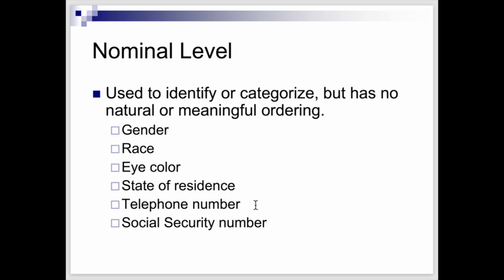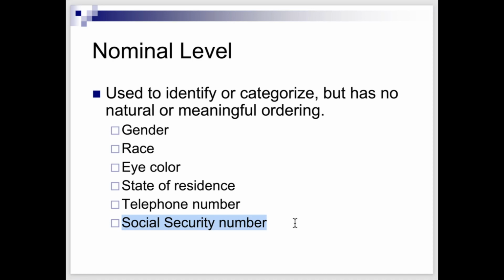So perhaps a better way to describe this would be a telephone ID, because what it does is identify that device that you carry with you in your pocket or in your purse. But we often call it a telephone number, all right? But it is nominal level data. And then as a final example, Social Security number or Social Security ID that uniquely identifies each taxpayer.